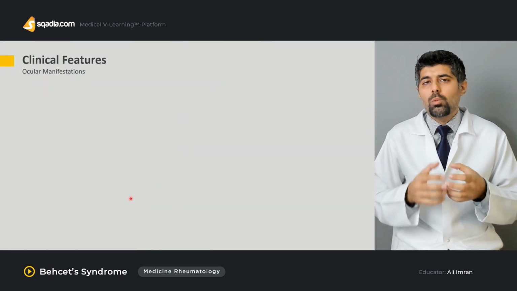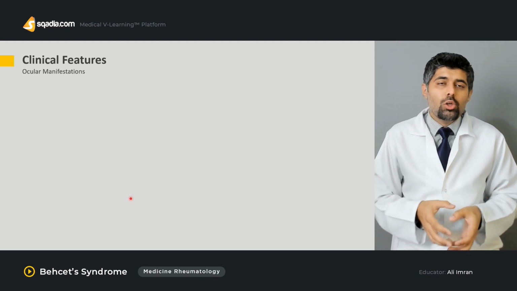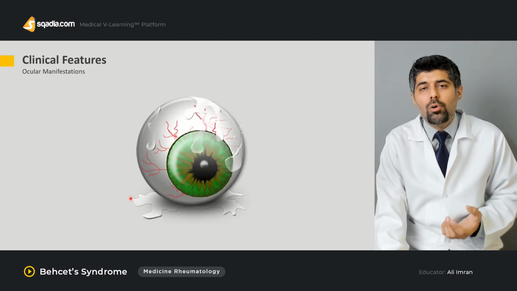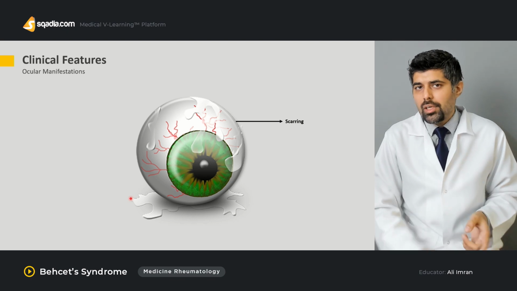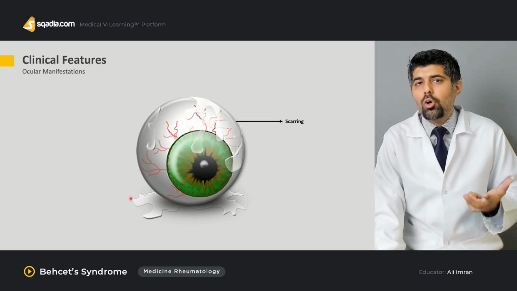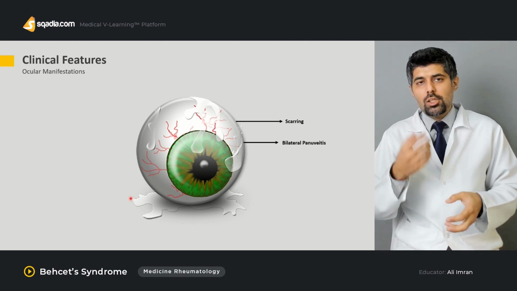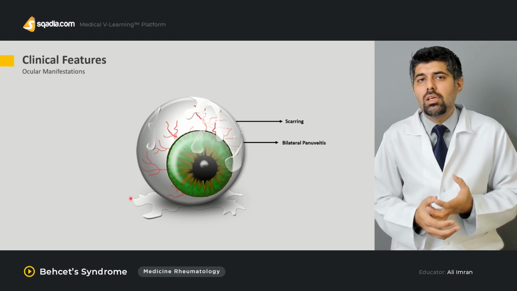Next, we are going to study the ocular manifestations. Ocular manifestations are important because, first of all, there can be scarring on the sclera or the cornea, along with bilateral panuveitis, where the uvea of the patient starts to show signs of inflammation.